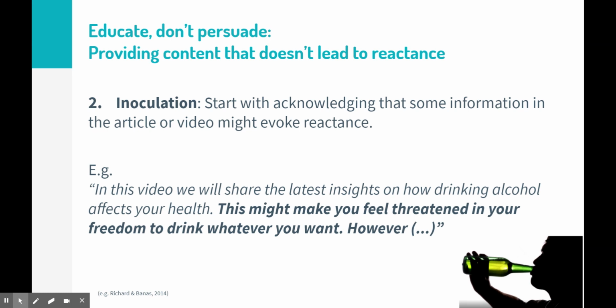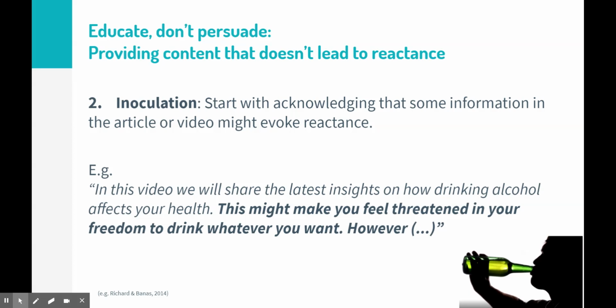Then a second thing that you can do is basically acknowledging to people at the beginning of the message that they might feel attacked or that they might feel resistance against the message. So, for instance, one study that tested messages to influence students' drinking behavior found that the message actually worked better when students were warned beforehand that the message might make them feel threatened or might evoke feelings of irritation.